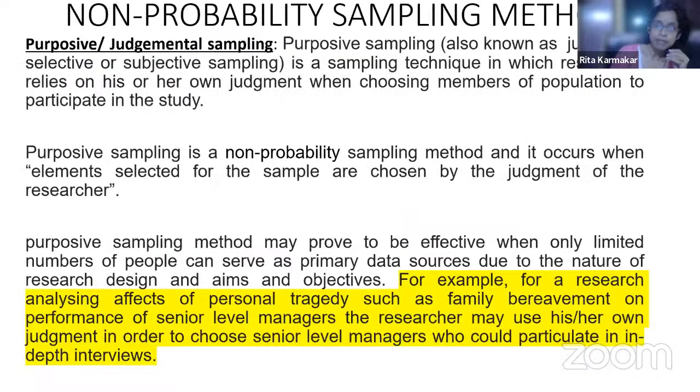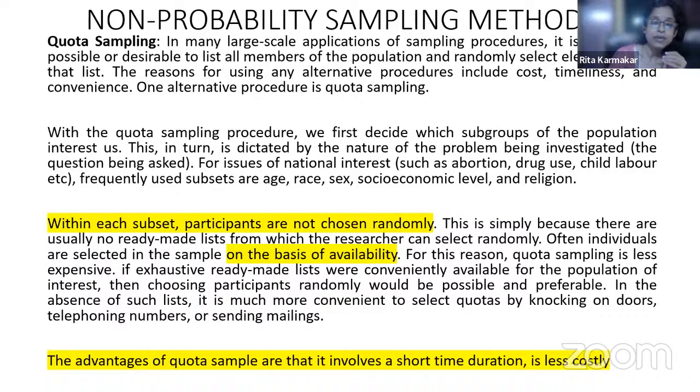Non-probability sampling methods, we all know by now, are also useful and widely used in social science. But the only thing is that in non-probability sampling, as its name implies, we are not using the random principle while choosing the elements from the population for inclusion in the sample.